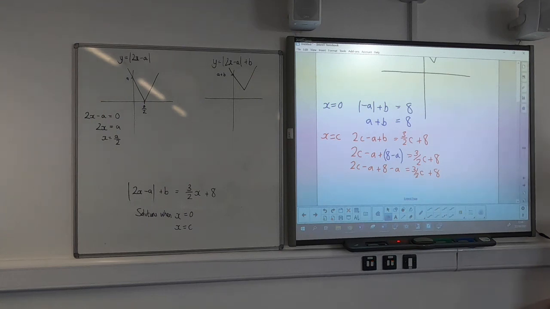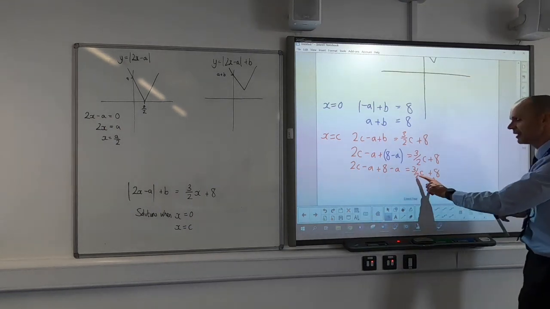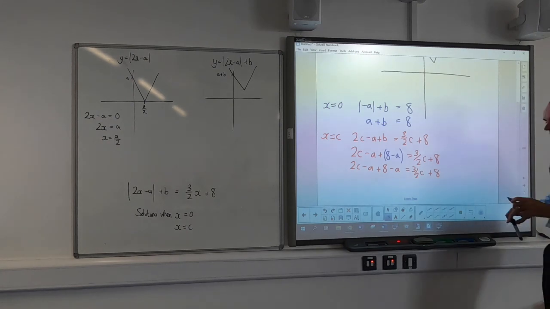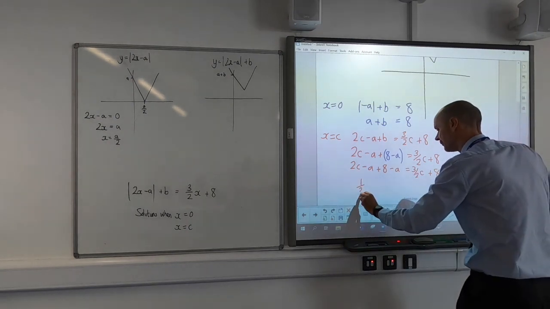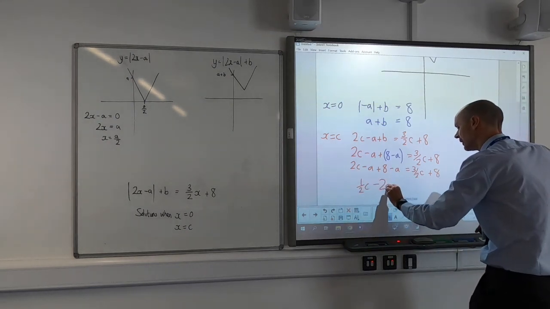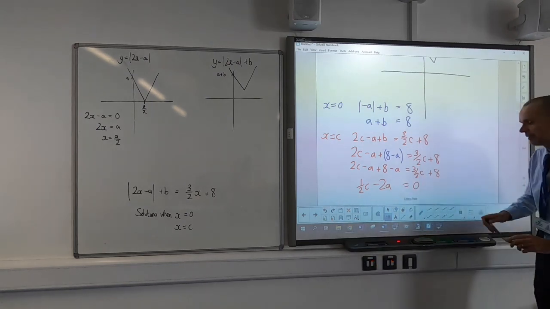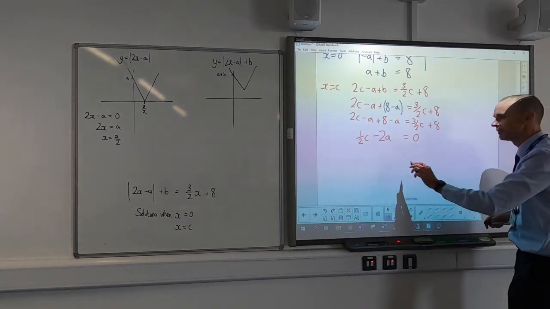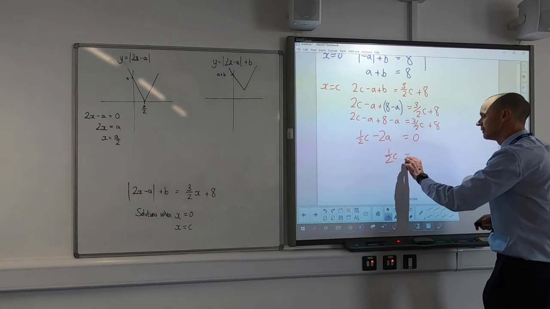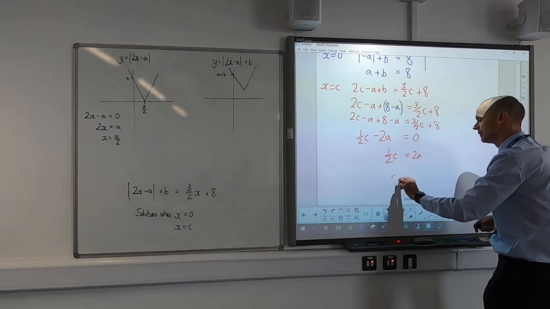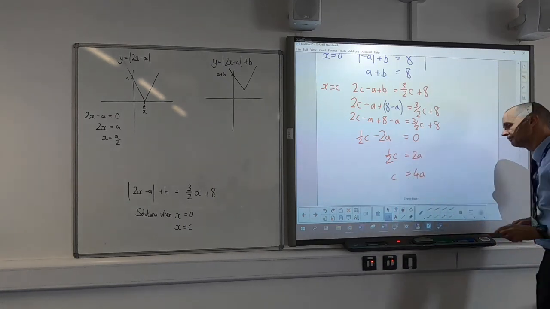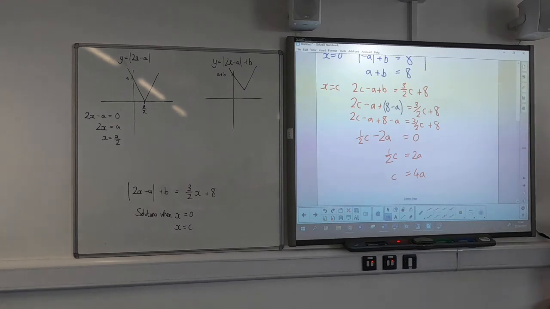So, 8 cancels out. I can take away 8 from both sides. I've got 2 c's. If I take away 1.5 c's, I've got half a c. And I've got minus 2a. That's my answer.